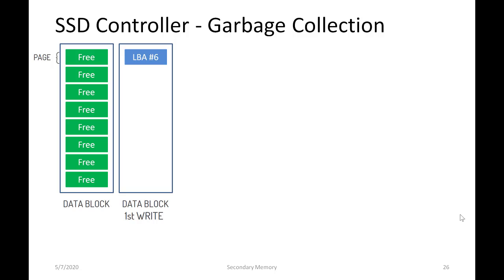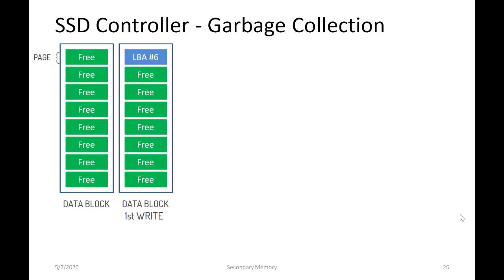So the SSD controller, say it picked the first page of this data block and mapped the logical block address which we received from the host, let's say it's 6, to this particular physical page. The remaining pages continue to be in the free state available to the SSD controller. Let's say the host has given a second write to the same page.